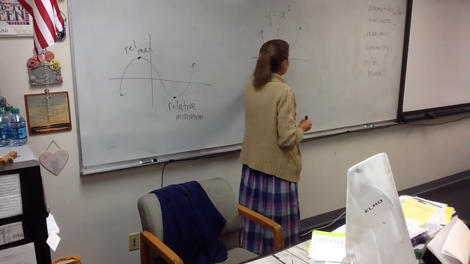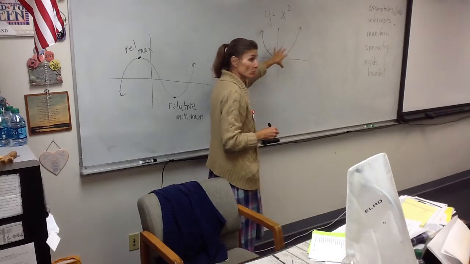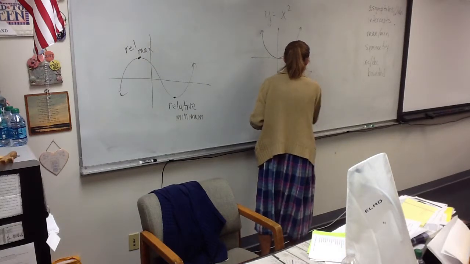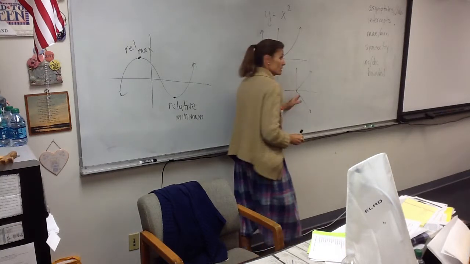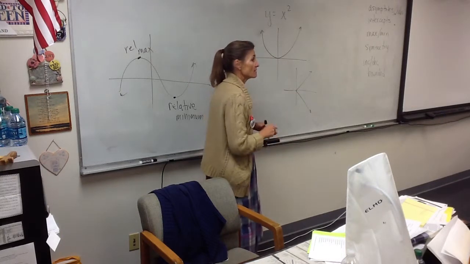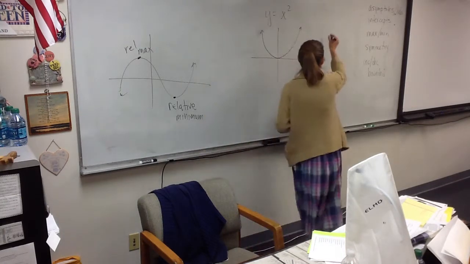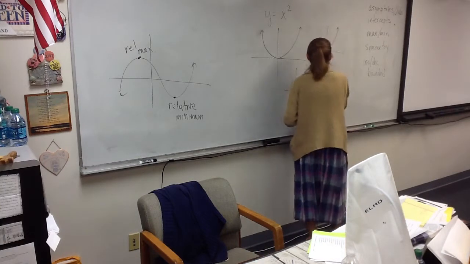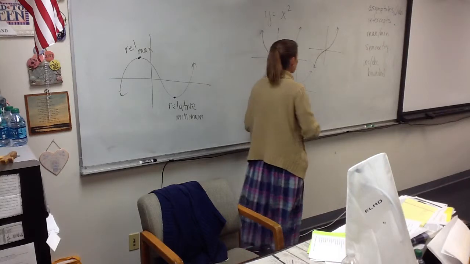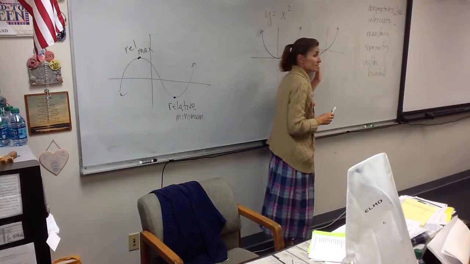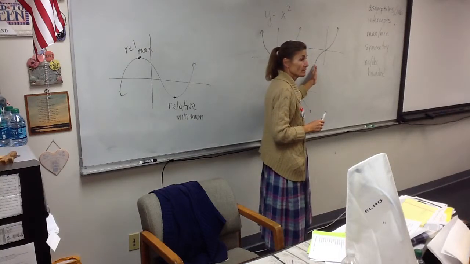Now, some curves have symmetry about the y-axis. Some curves have symmetry about the x-axis. Would you agree that appears to have symmetry about the x-axis? They can have symmetry about the origin. So something like this would have symmetry about the origin, because if you took this and flipped it across the origin, this is the shape that you would get.